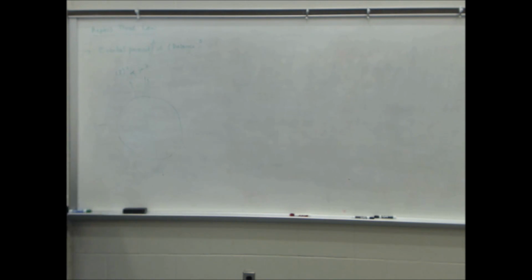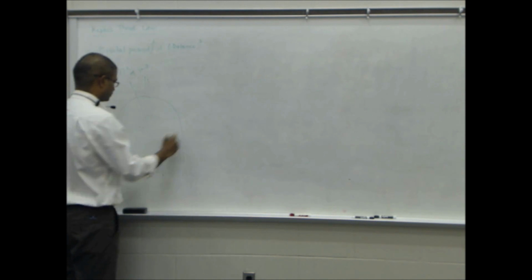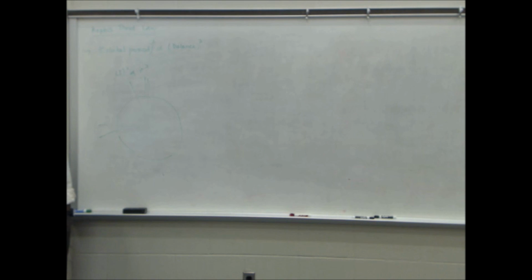So the axis of rotation and the ecliptic plane are not the same. You understand that, right? Actually, this is the equator. The equatorial plane and the ecliptic plane of Earth are not the same. They are inclined. Okay.